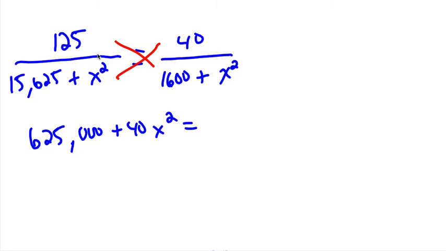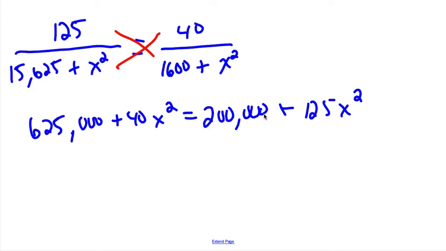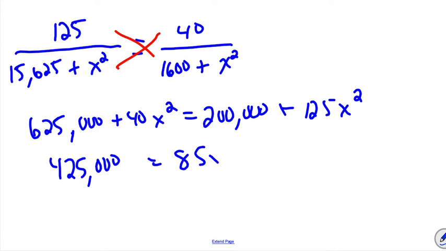Multiply the 125 times 1600 plus x squared, and you get 200,000 plus 125 x squared. Move the 200,000 over. Oops, not 400,000, 425,000. 425,000. Move the 40x squared over, so we get 85x squared.